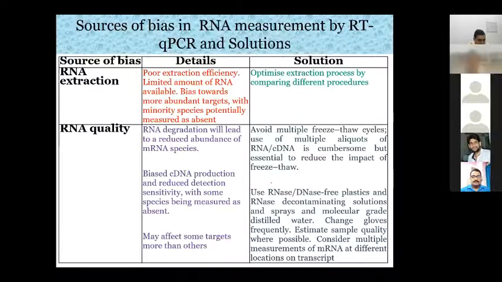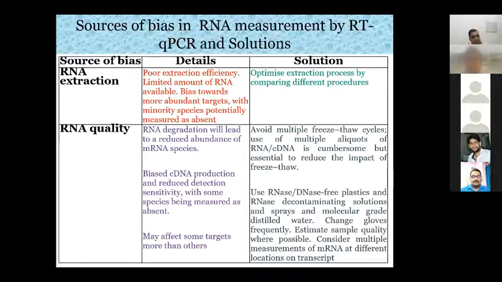So what are the different sources of bias during the experiment in RNA measurement by RT-qPCR, and the solutions to this bias? For RNA extraction, what is the bias? Poor extraction efficiency, limited amount of RNA available, bias toward the more abundant target, with minority species potentially measured as absent.